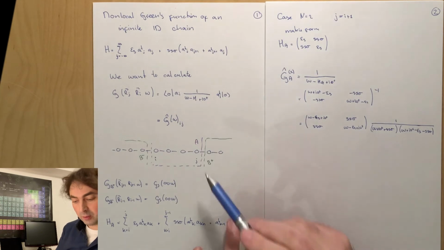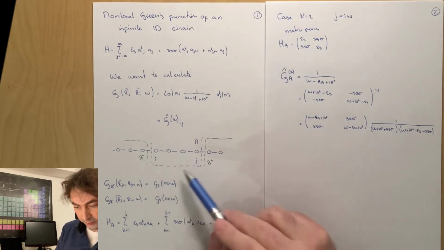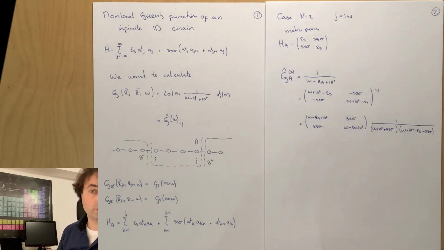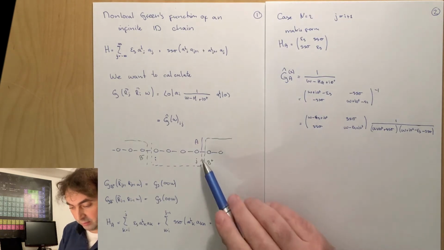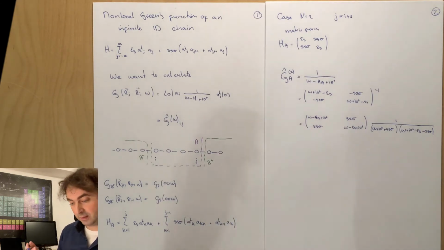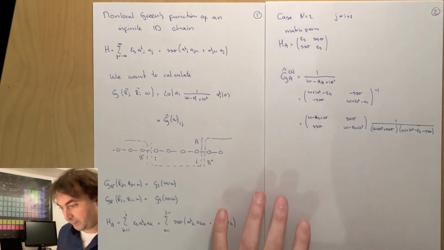Now, we do not only need the Green's function of the semi-infinite chain, we need the Green's function of the finite chain embedded in the infinite chain.